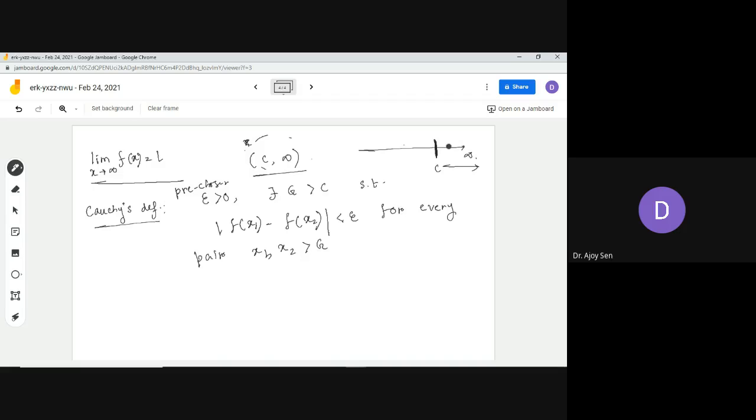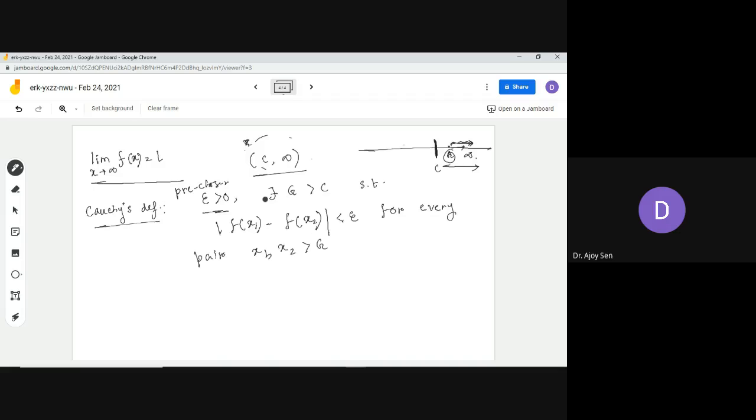That means you will be able to find some point g such that whenever x1 and x2 lie after g, the difference of f(x1) and f(x2) is less than this epsilon.